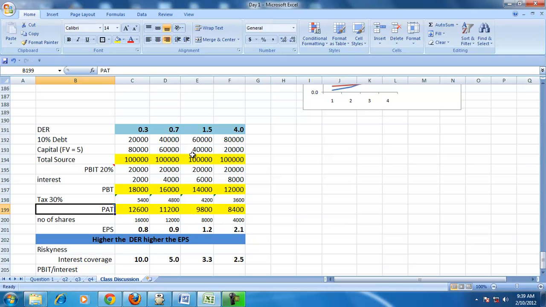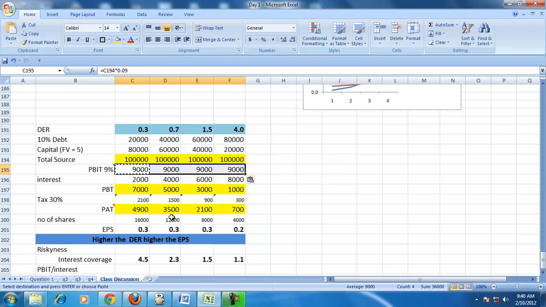Now here, suppose I change the PBIT from 20% to 9%. So my PBIT will be constant, but it will be 0.09, so 9,000 all through.